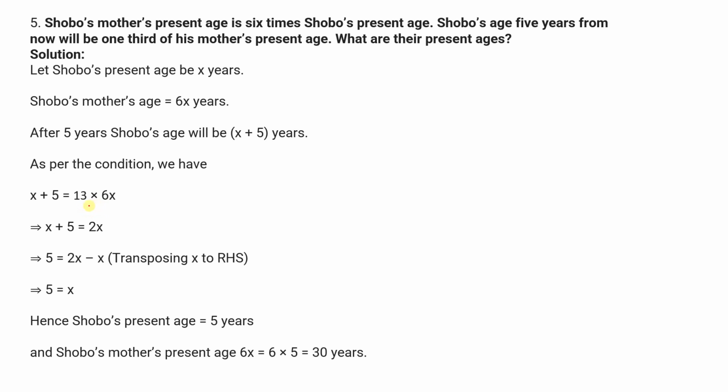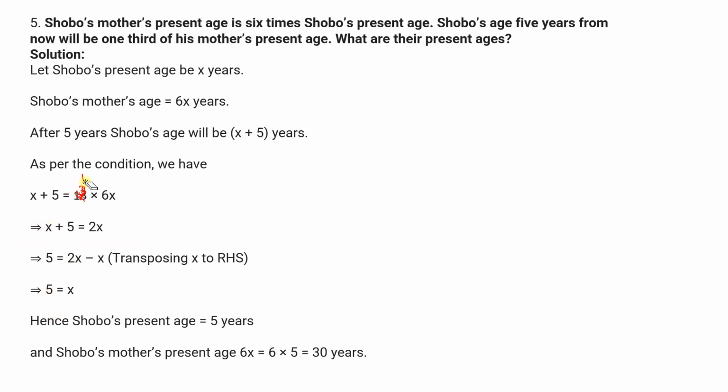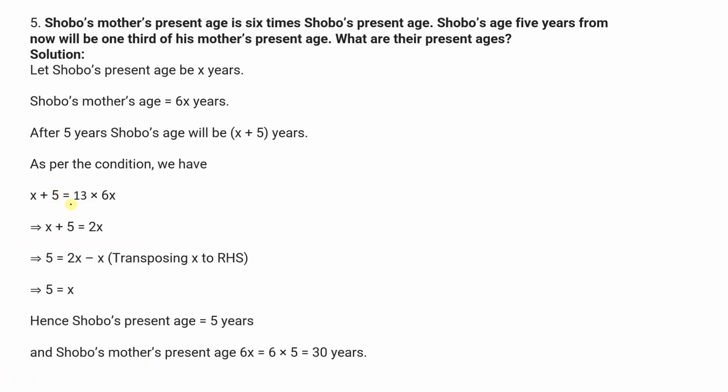Shobo's age will be 1/3 of his mother's present age. That is, you will get 1/3 into 6x.